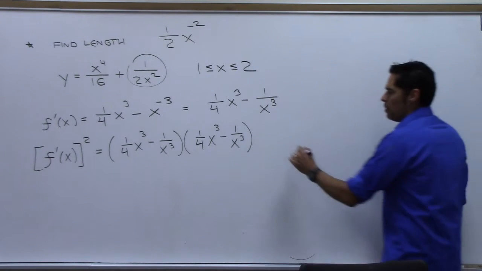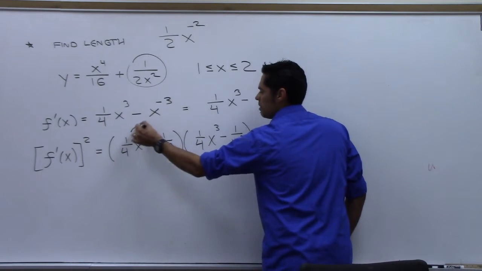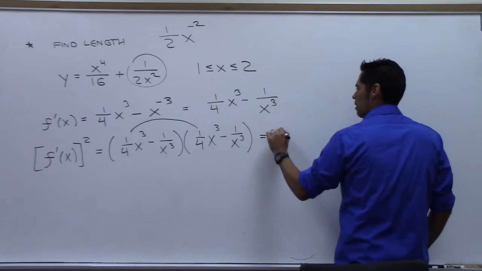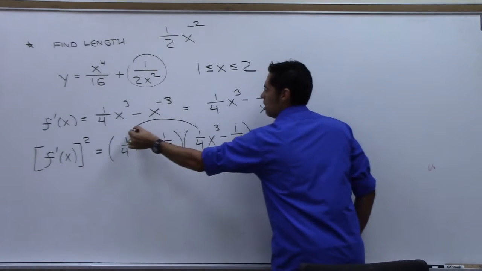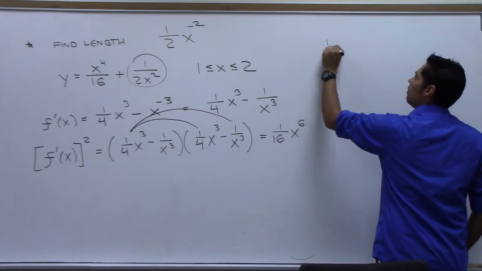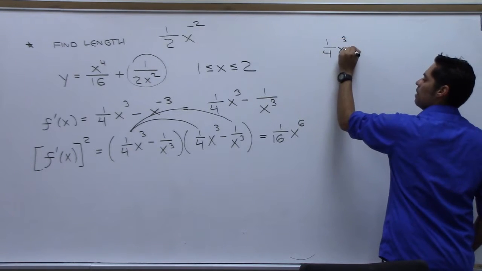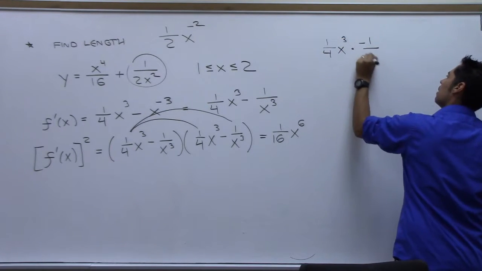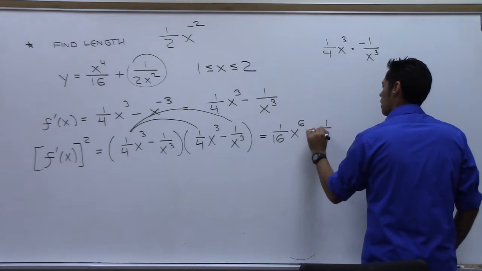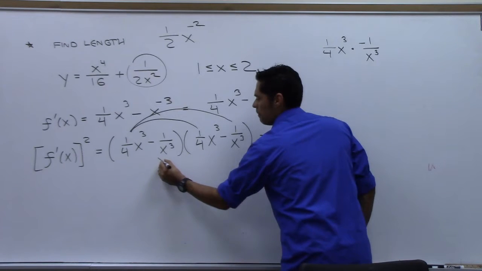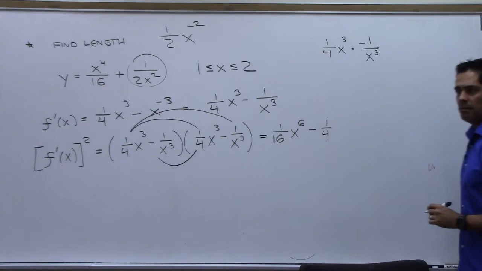So let's do the first multiplication. This times this is 1/16 x to the 6th. Then 1/4 x cubed times negative 1/4 x to the negative 3. The x cubes will cancel, so negative 1/4. The inner multiplication is negative 1/4 again.